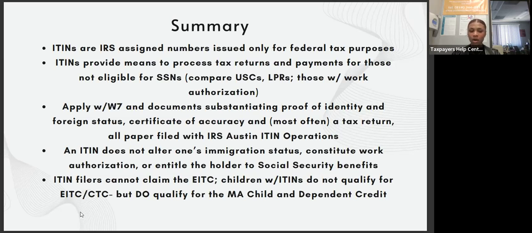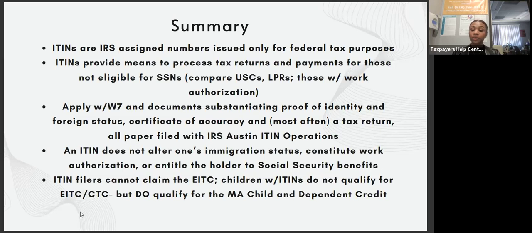An ITIN does not alter one's immigration status, constitute work authorization, or entitle the holder to Social Security benefits. And lastly, ITIN filers cannot claim the Earned Income Tax Credit.